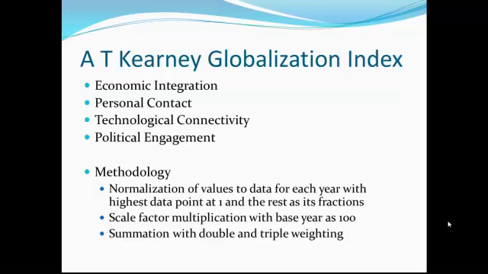The resulting data for each given variable is then normalized through a process that assigns values to data points for each year, and the highest data point for that year is valued at 1, and all the other data points are valued as fractions of 1. The range of normalized scores for each variable each year is then multiplied by a scale factor.